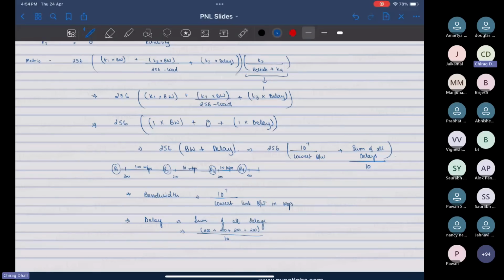Meanwhile, you can understand and revise the formula.